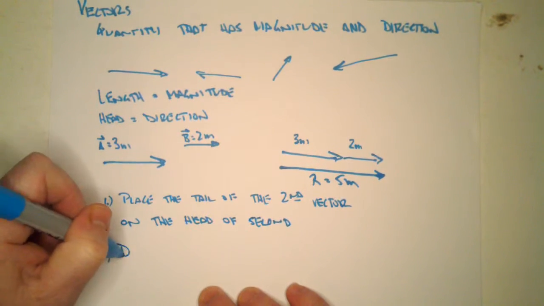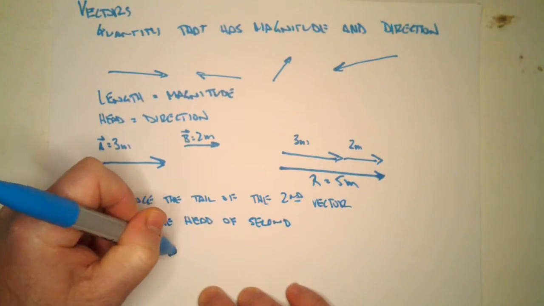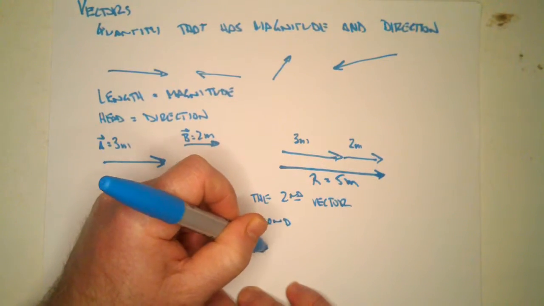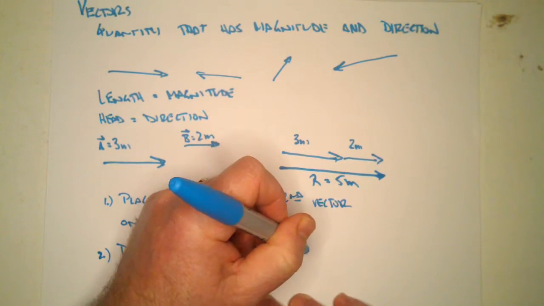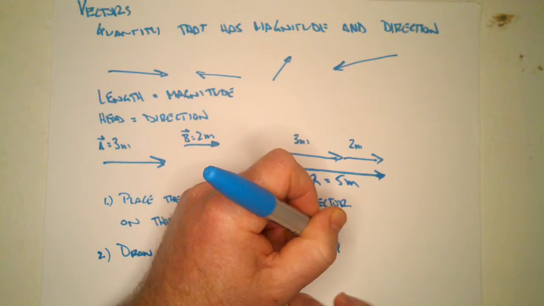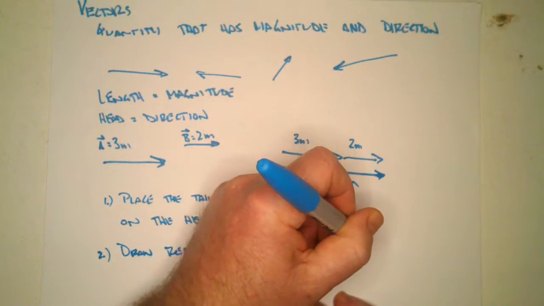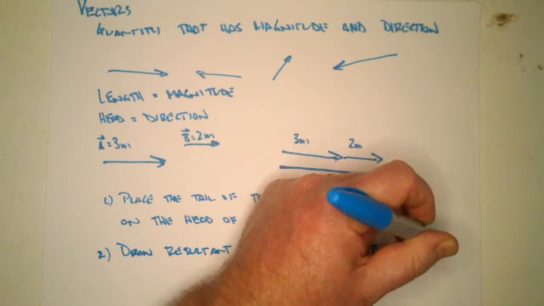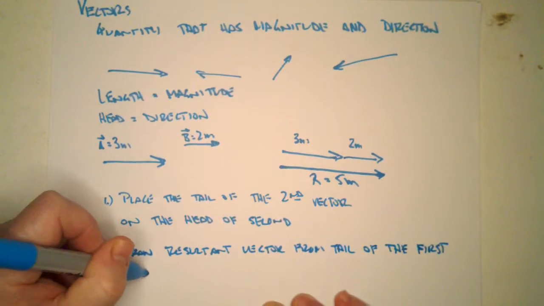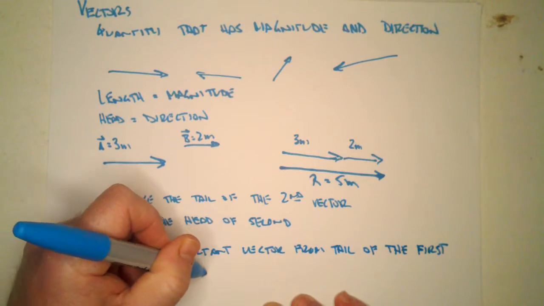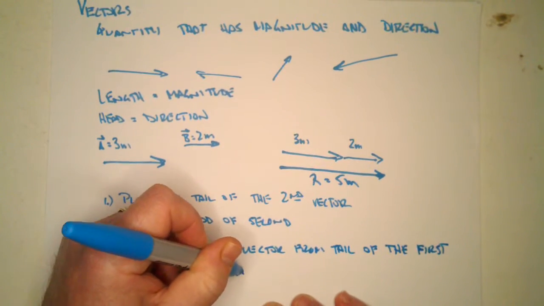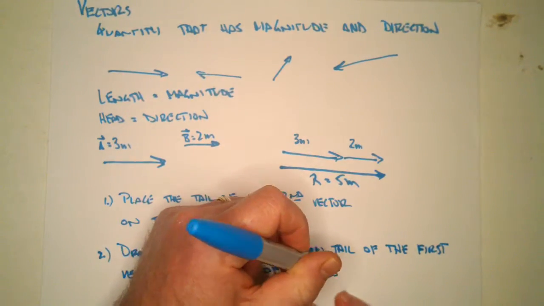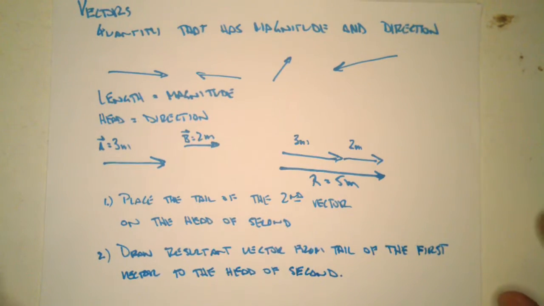So then we draw the resultant vector from the tail of the first vector to the head of the second. It's pretty simple, right?